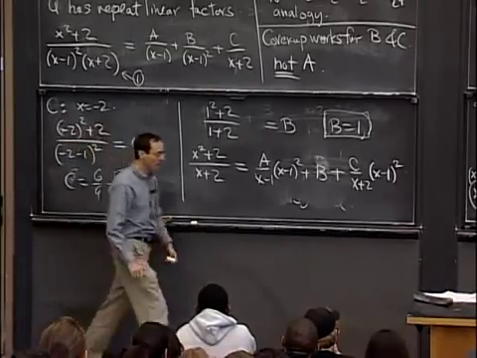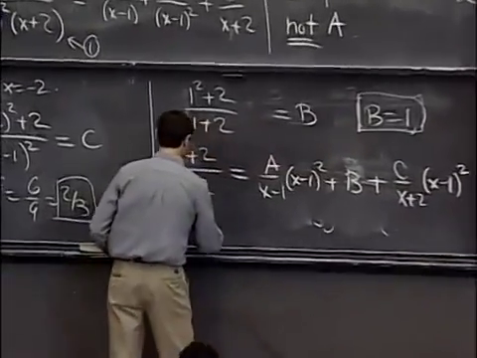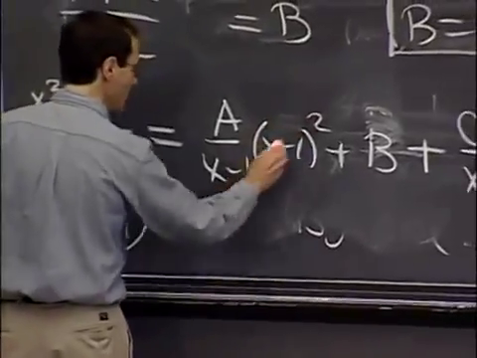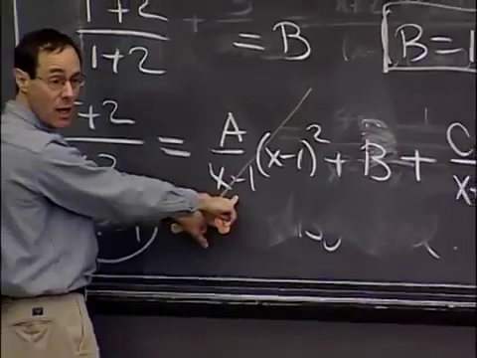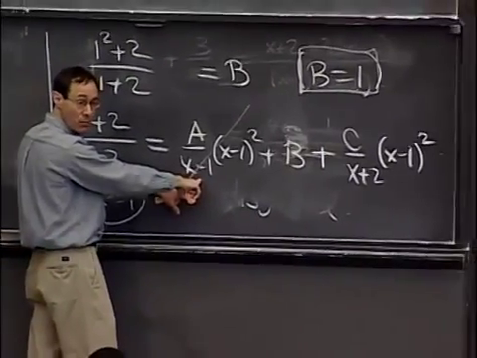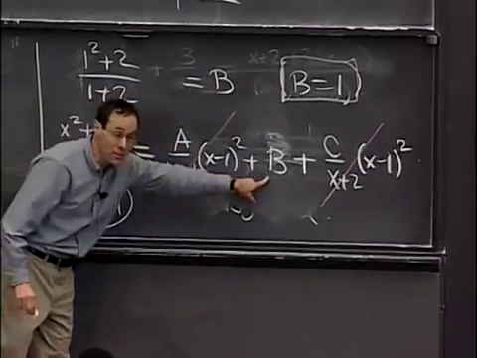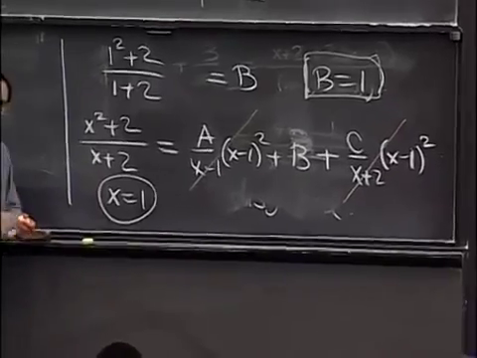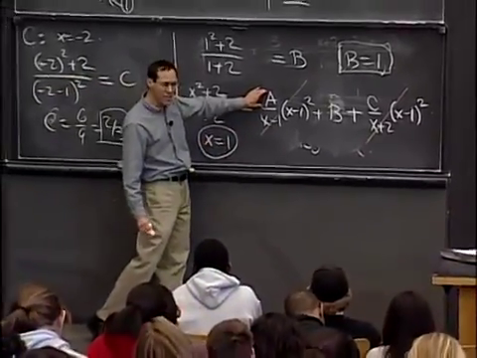Now what's happening is that when I set x equals 1 here, this term is going away because there's more powers in the numerator than in the denominator. This is still 0. And this one is gone also. So all that's left is b. Now, I cannot pull that off with a single power of x minus 1. I can't expose the a term.